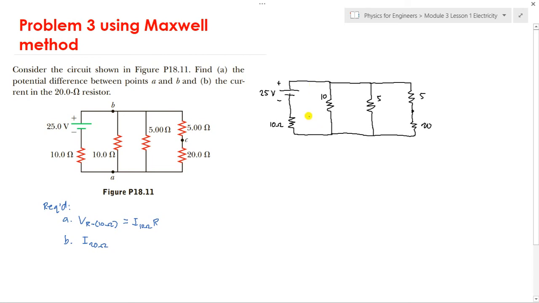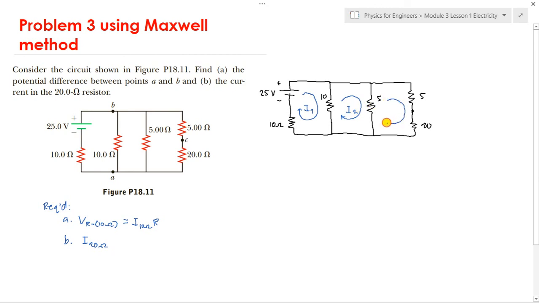So I'm going to assume the direction of my currents for the first loop by following the direction of the sign of the terminals. So this is positive, so it goes out this way and then comes back. That would be my I1. Next, for the second loop, I'm just assuming the same as I1, so this would be my I2.